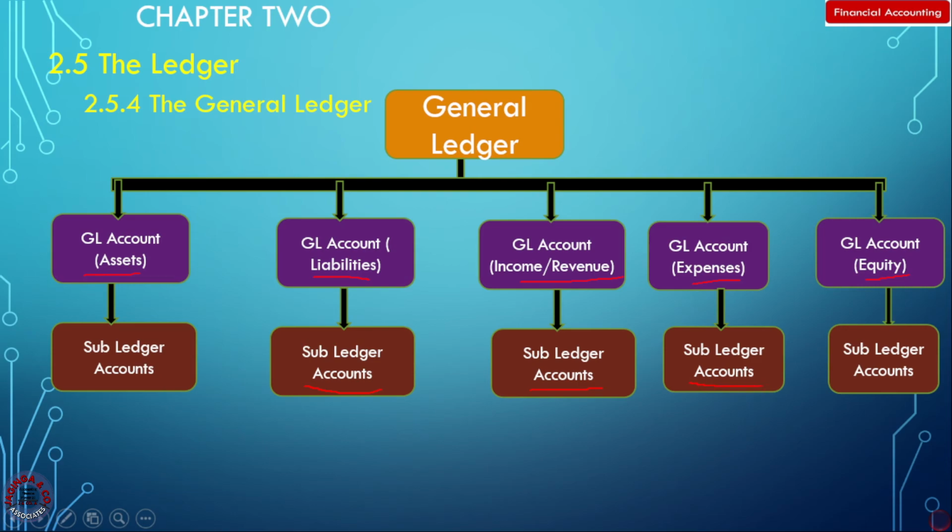Those will form part of the sub-ledger accounts for expenses. When we go to equity, we'll have retained earnings, and we'll also have capital.